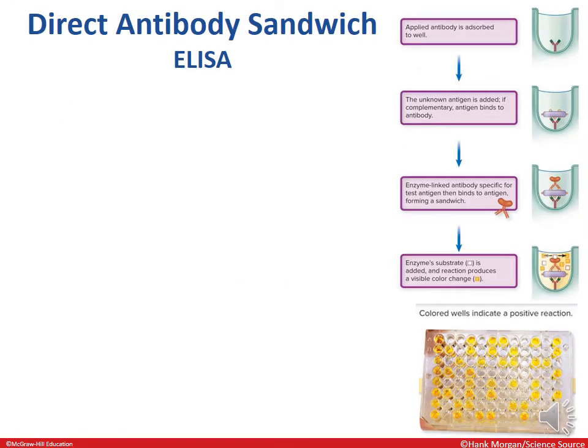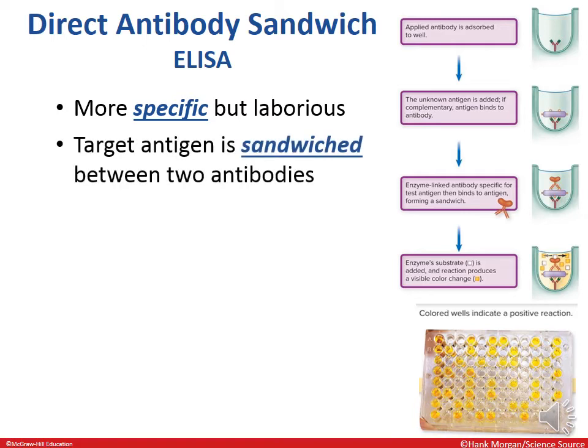The other kind of ELISA is called the direct antibody ELISA, or sometimes they call it the sandwich test. And this one is much more specific because it actually uses 2 sets of antibodies, but it's also much more time consuming. There are many more steps. And so basically, just like the name suggests, this one is actually using known antibodies to go searching for the antigen in the sample.